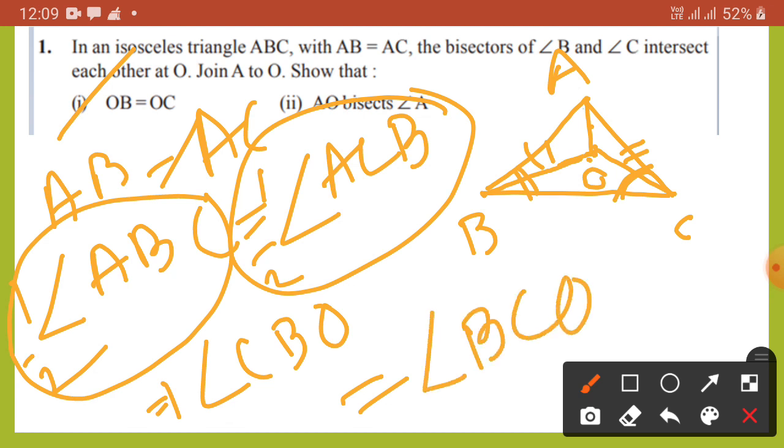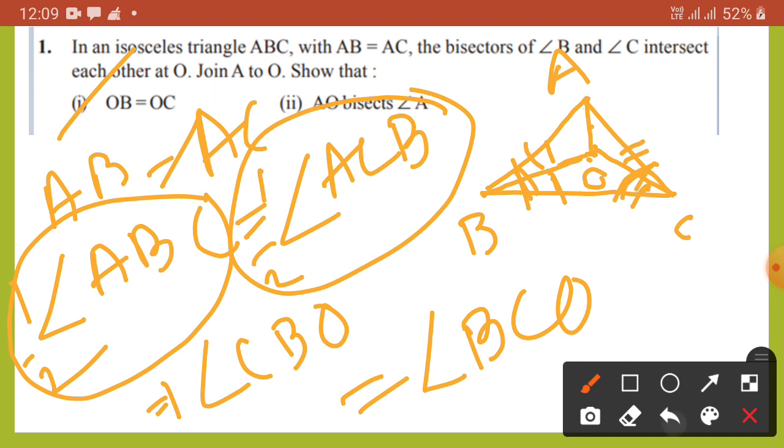As angle CBO, this angle is half of the angle ABC, and here BCO, this angle is half of angle ACB.